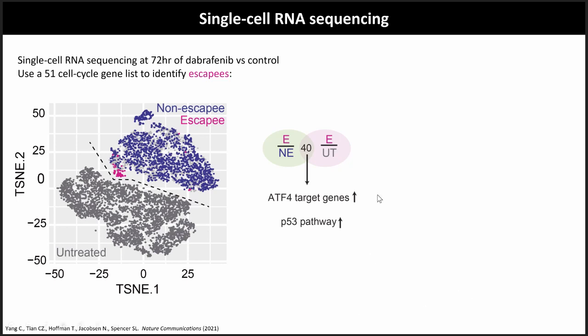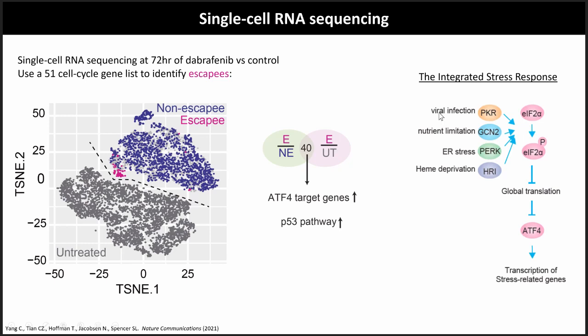For anyone not familiar with the integrated stress response, this is a pathway that detects a number of different cell stresses: nutrient limitation, unfolded protein stress. Each stress activates a dedicated kinase, which will phosphorylate a translation initiation factor to suppress global translation, but it will actually activate translation of the ATF4 transcription factor to upregulate stress-related genes.